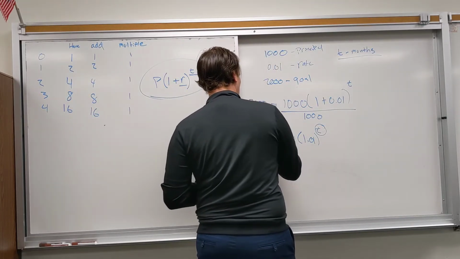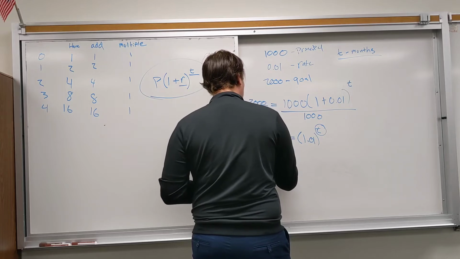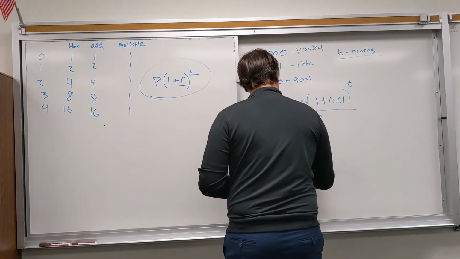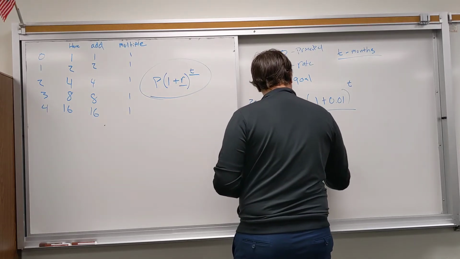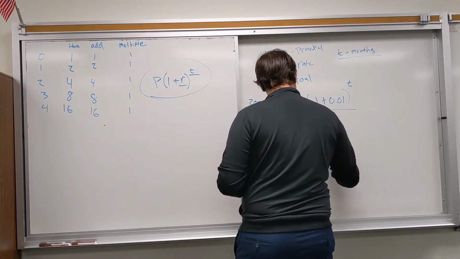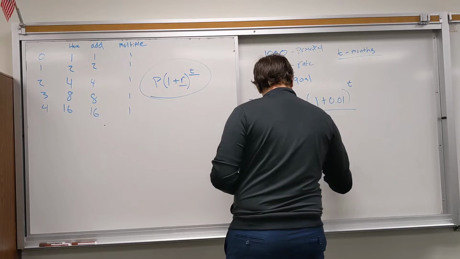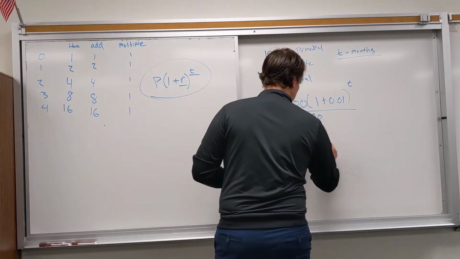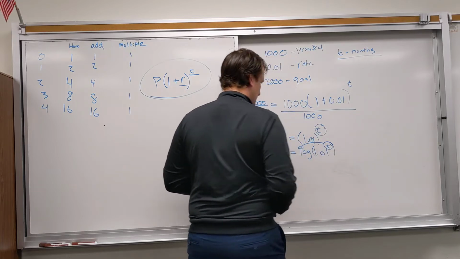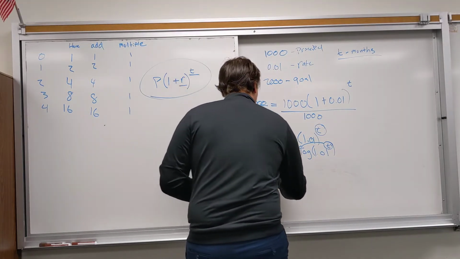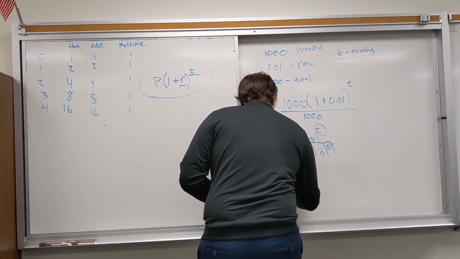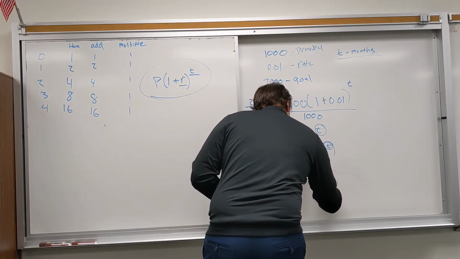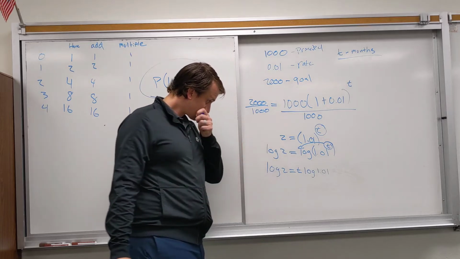So we're going to go log 2 is equal to log 1.01 to the power of t. Then we're going to apply the power rule. T comes out like that. We get log 2 is equal to t log 1.01.